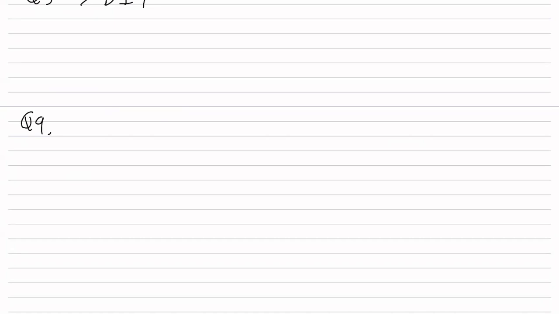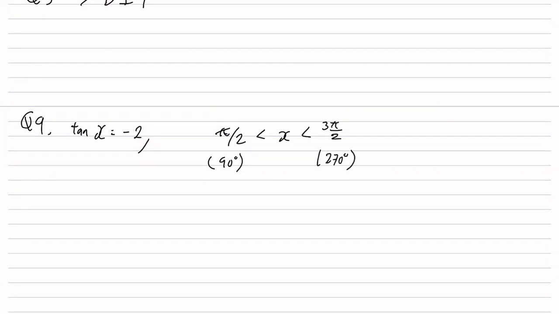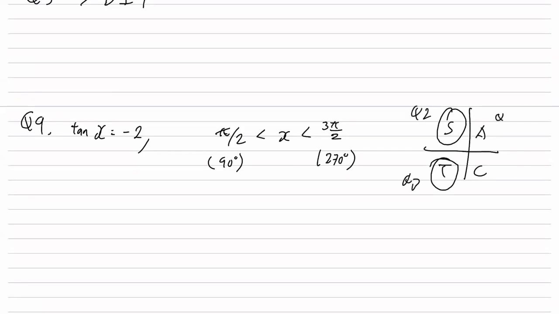Question 9. This one finally we get to see some radians. Tangent x equals -2. We got pi over 2 less than x less than 3 pi over 2. If you are not familiar with radians, convert into degrees to keep track of what's going on. So 90 degrees to 270 degrees is actually over here or here. So it's quadrant 2, quadrant 3, using ASTC.